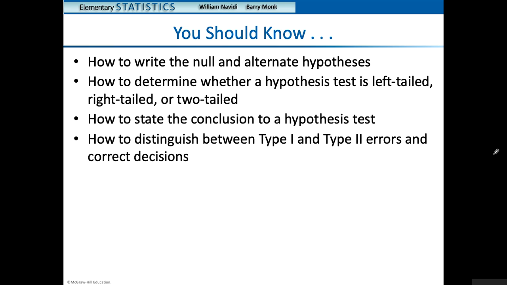To wrap up this section, we've looked at how to write the null and alternate hypotheses and the notation we use for those, how to determine whether a hypothesis test is left-tailed, right-tailed, or two-tailed, how to state the conclusion to a hypothesis test, the right words to use for that, and how to distinguish between type 1 and type 2 errors and correct decisions.